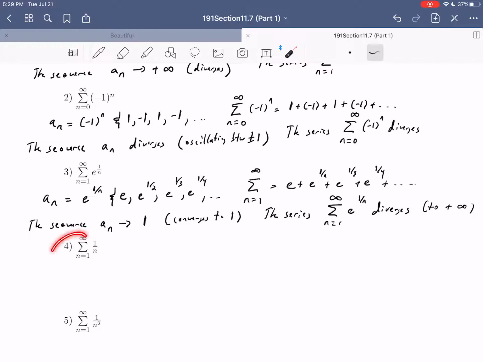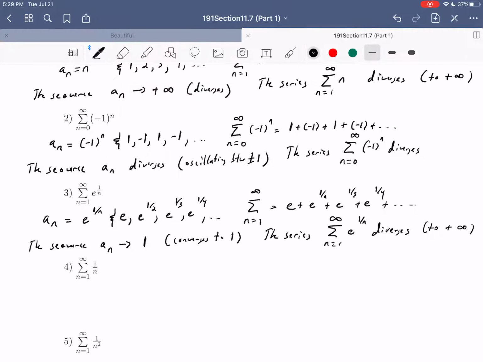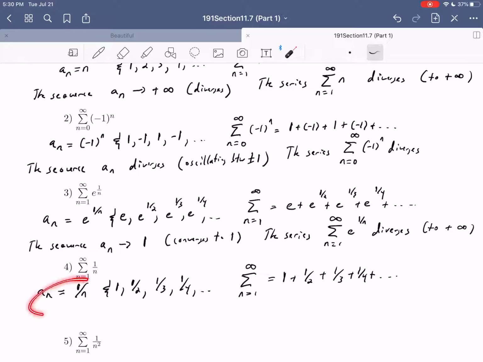And number 4 here is one we've encountered many times. It's the harmonic series. So the sequence here, of course, the corresponding sequence, a sub n, is 1 over n, and it has terms like 1, then 1/2, then 1/3, then 1/4, and so on. And of course, the series is trying to sum all those up: 1 plus 1/2 plus 1/3 plus 1/4 plus ... Okay, where is this sequence headed?